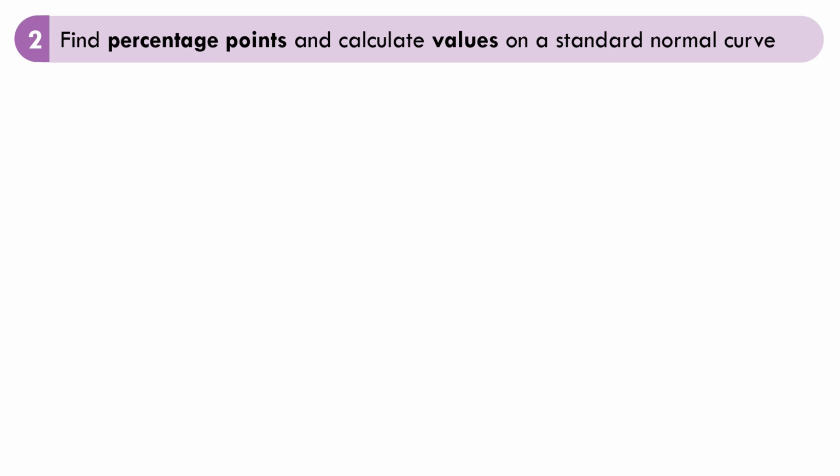We need to be able to find percentage points and calculate values on a standard normal curve. And this can be done using your calculator. So on the ClassPad, you'd first go to menu, and then press 7 for distributions.